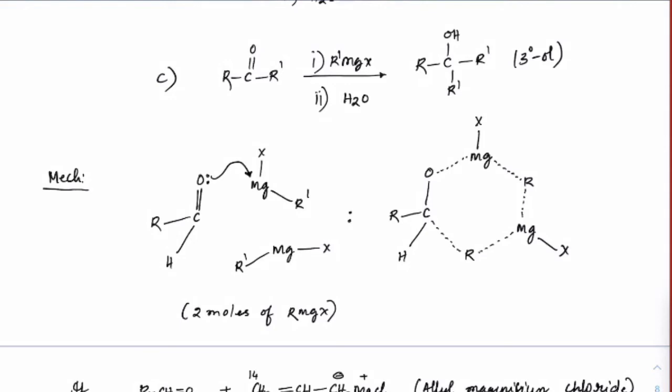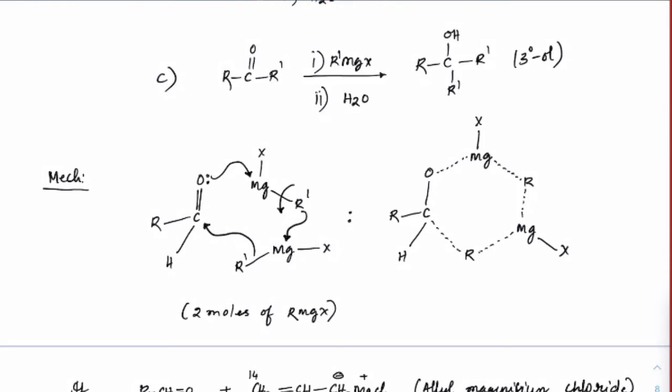As it attacks here, this bond will break, and this R minus which is present will attack the carbon. So you can see a concerted step is happening here, where the lone pair of oxygen is attacking the magnesium, this bond is breaking, attacking the carbon.